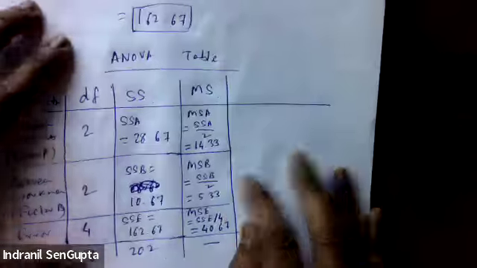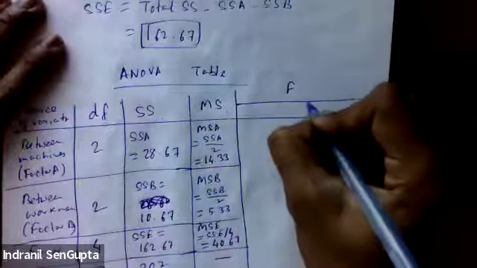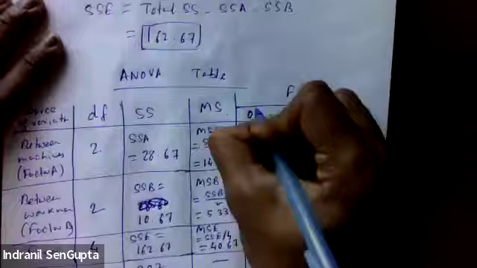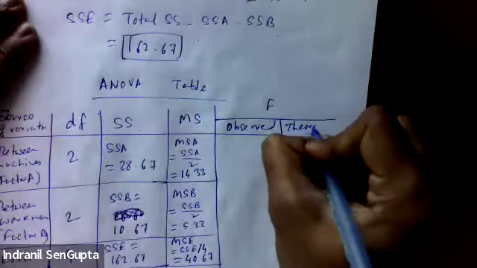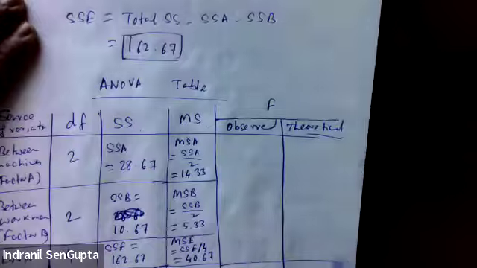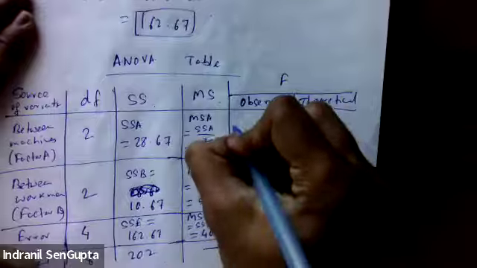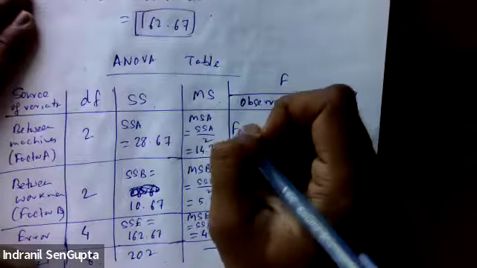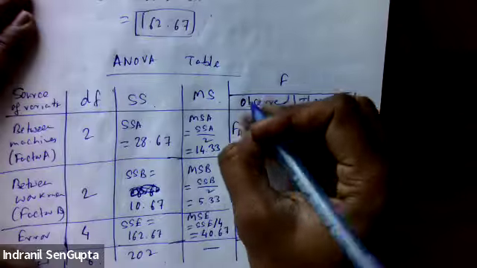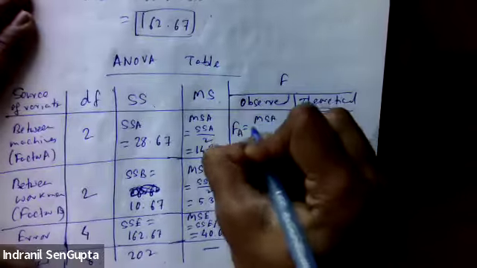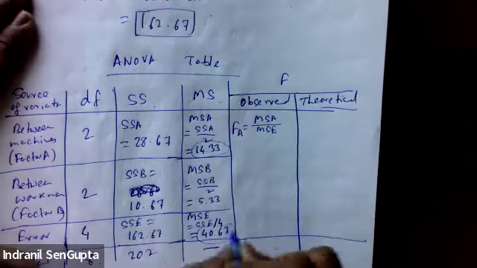That's pretty much it. And now we are ready to write our F values. So observed and theoretical. So FA, as we have seen before, is MSA over MSE. So this number divided by this number.